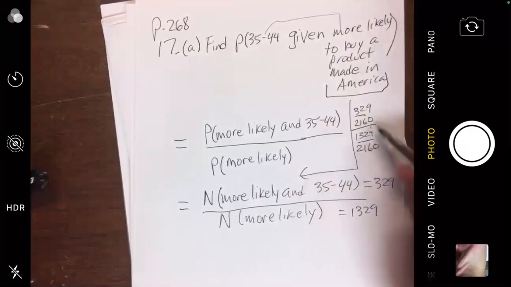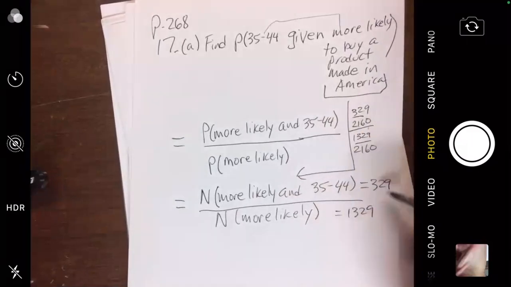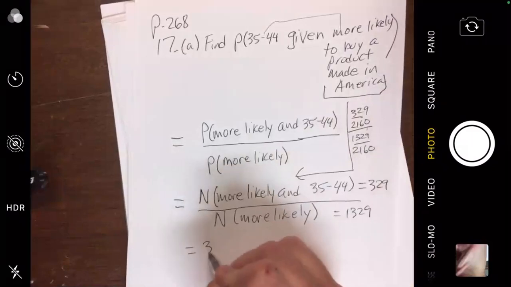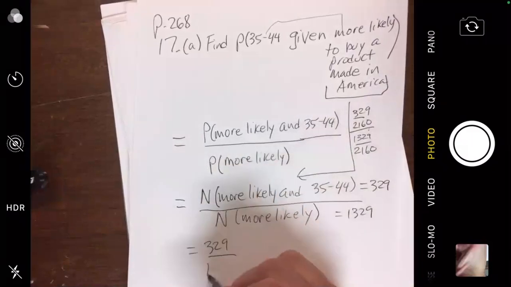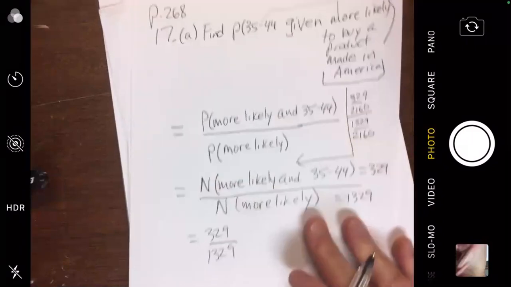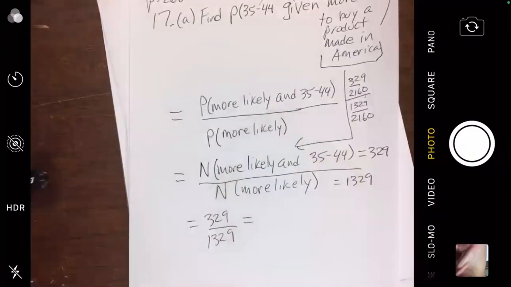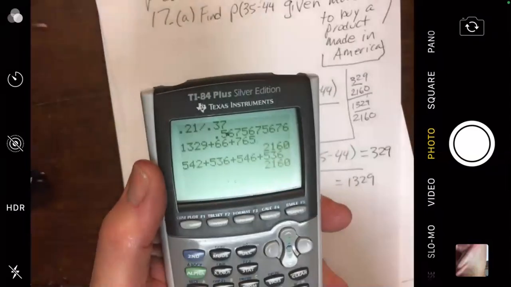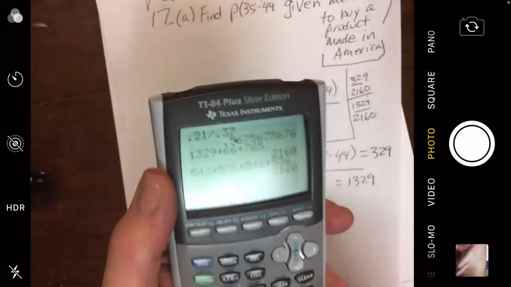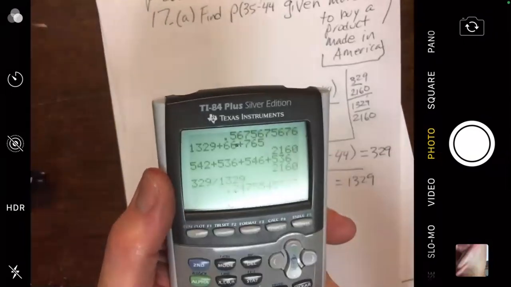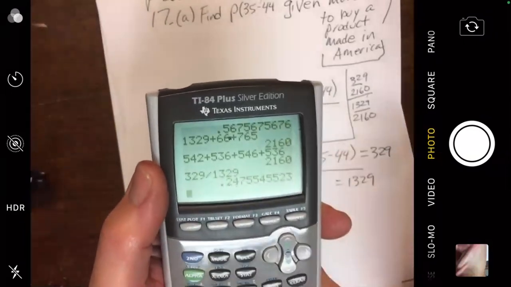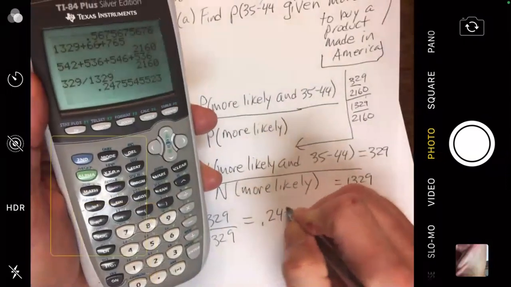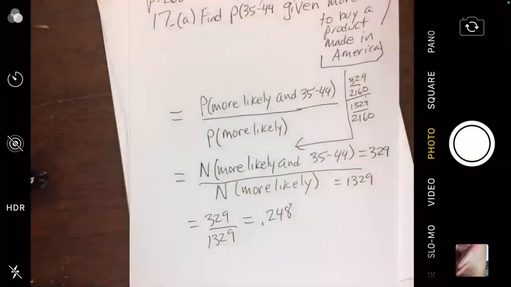If you flip this around, your 2160s cancel and you're left with 329 divided by your 1329. The book will usually get a decimal for that: 0.24755, we'll call it 0.248. Questions about that?